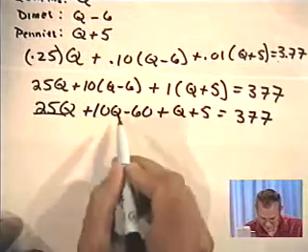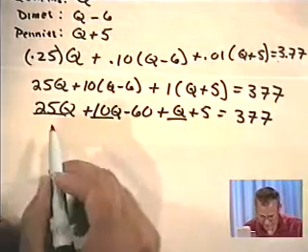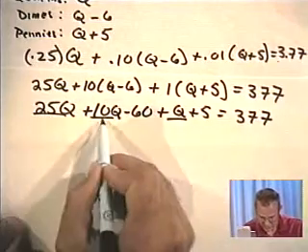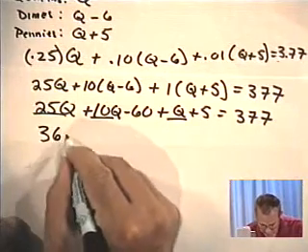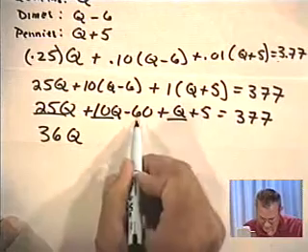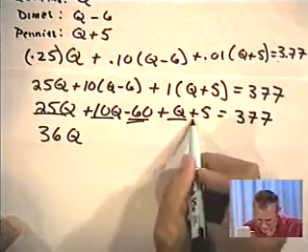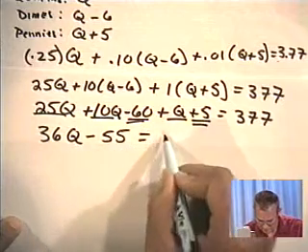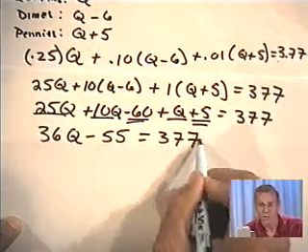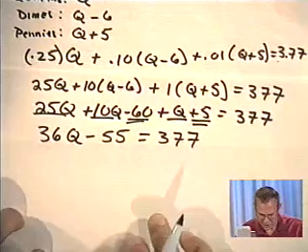Let's combine like terms. 25Q plus 10Q is 35, plus 1 more is 36Q. Negative 60 and a positive 5 is negative 55. With each step, the linear equation becomes easier and easier for us.